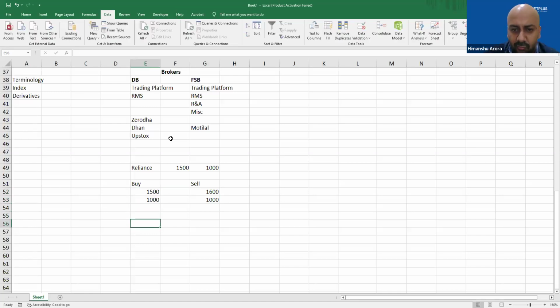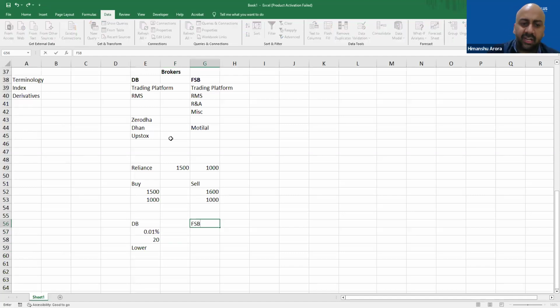Now, the charges levied by a discount broker are 0.01% or 20 rupees, whichever is lower. And the brokerage charge by a full service broker is 0.02% or 100, whichever is higher, because this broker is providing you more services, hence the charges are higher.